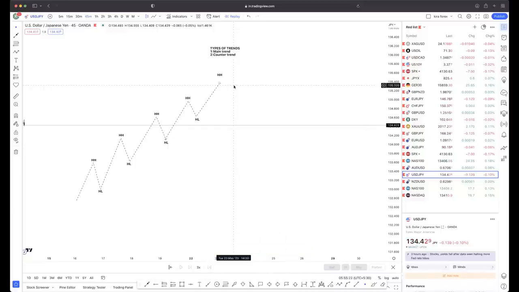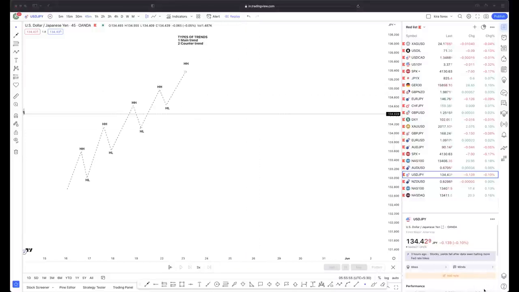Also, understand major structures and minor structures. Major structures on higher time frame, minor structures on lower time frame. Major structures are usually used for long-term profit, whilst minor structures are usually used for short-term profits.